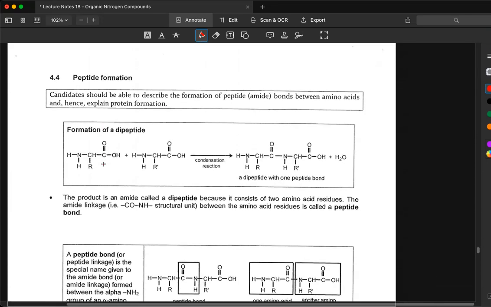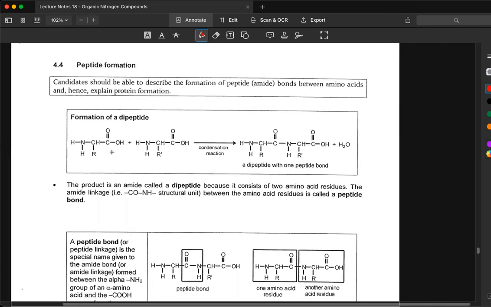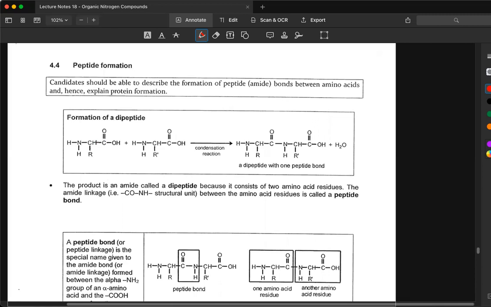Okay, peptide formation. So how does a dipeptide form? You have amino acids that undergo condensation releasing water. So you have C double bond O. This part here, we have this one here. So you have this form.